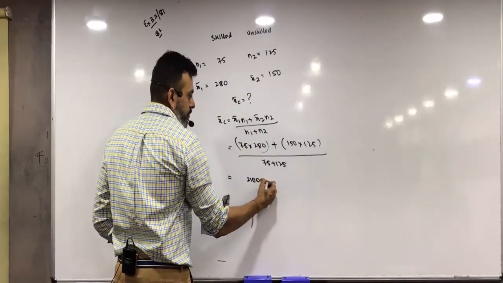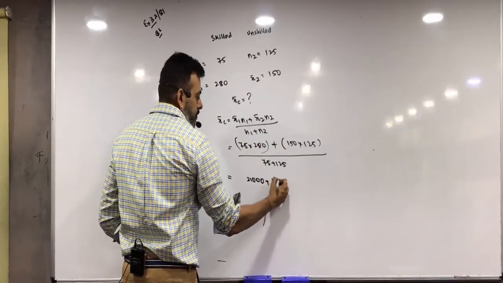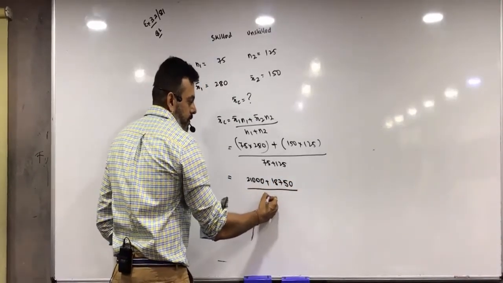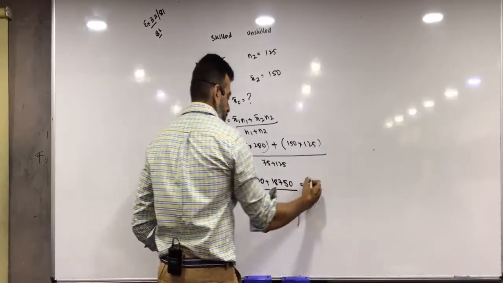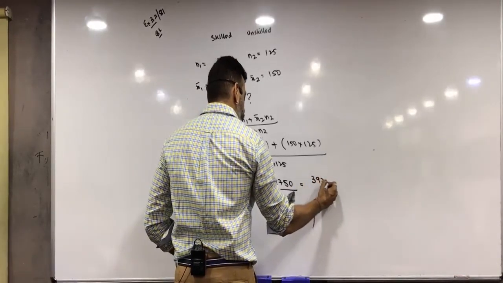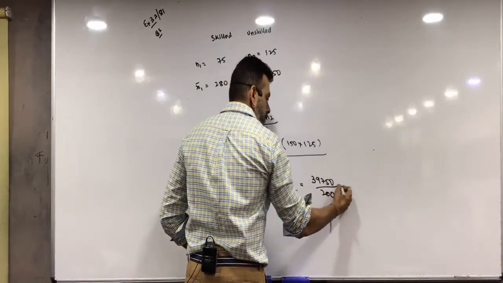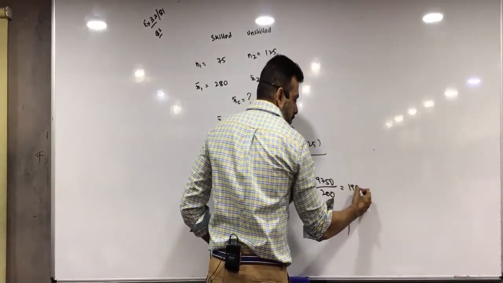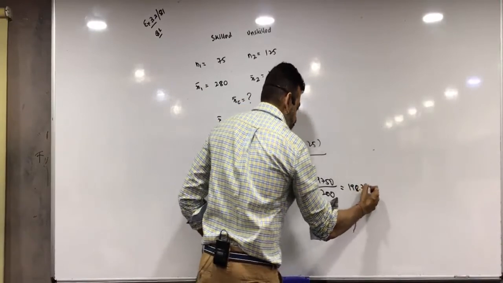That is 21,000 plus 18,750 upon 200, which is equal to 198.75.